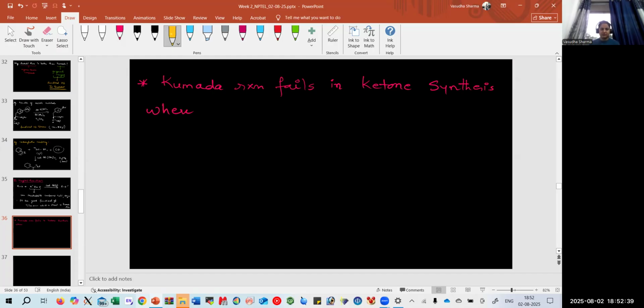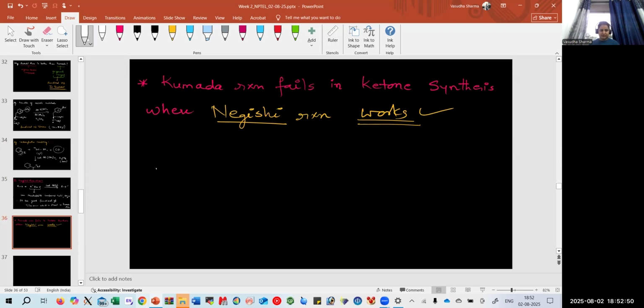where the Negishi reaction works. So basically, if we start with an acid chloride and treat it with butyl zinc chloride, this cannot be done under Kumada conditions, like with the lithium or magnesium reagents, because they will react, but this will not react as such.